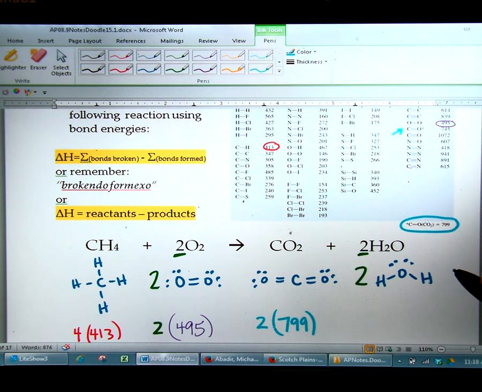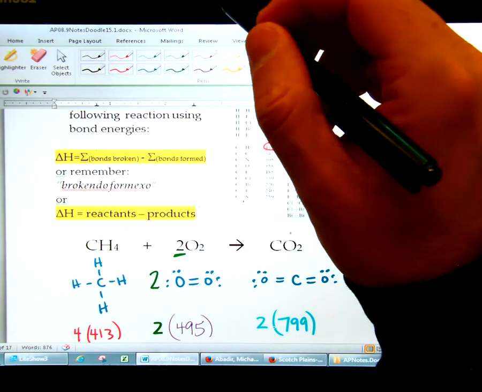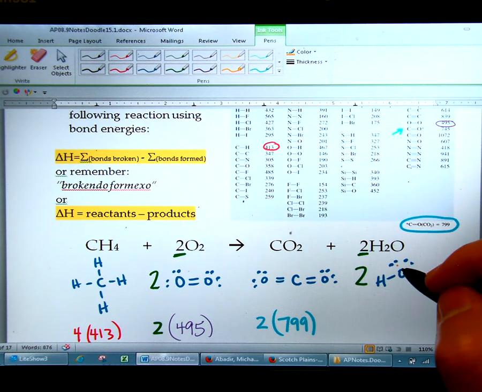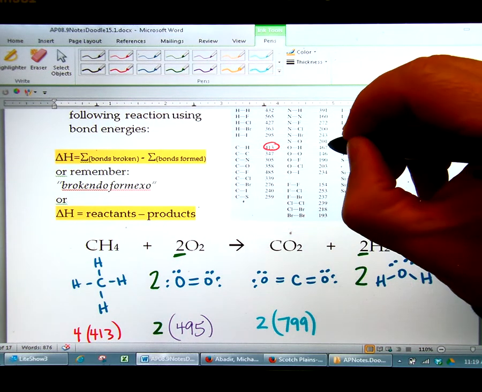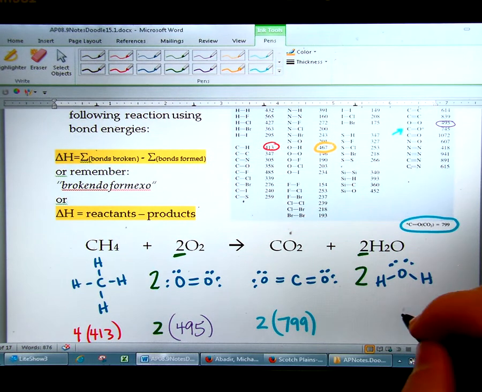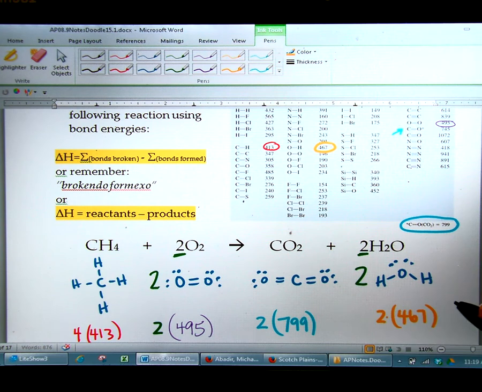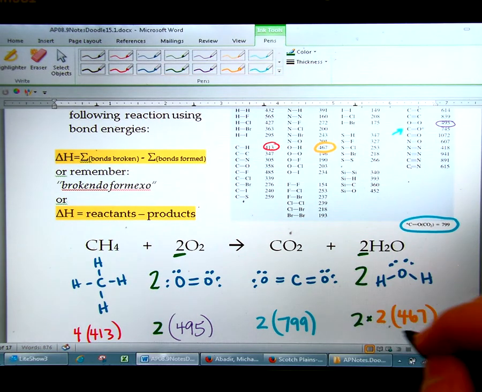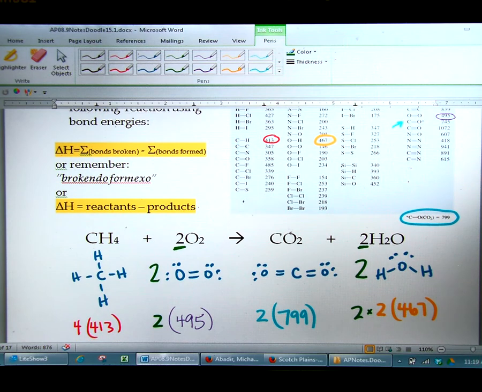And then lastly, we're going to look at the H2O, and the H2O has an HO single bond, and that is going to be right over here, and that's 467. Now remember, there are two of them in the molecule, but there are also two molecules, so you have to do that times 2 times 467.